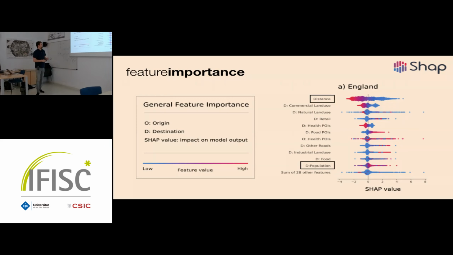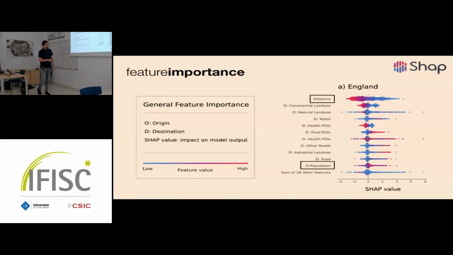There is the feature that is listed here, and there is this color, meaning that, for example, this point here, the red one at the very left of the distance, is red, and it means that in that case, the distance was high. And similarly for the blue, we have low values.